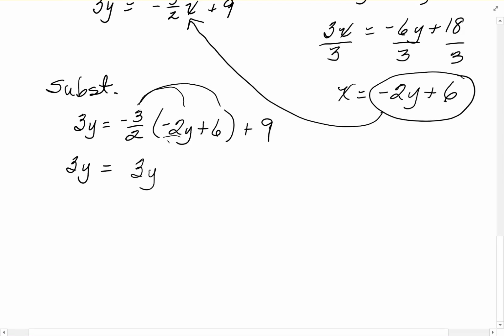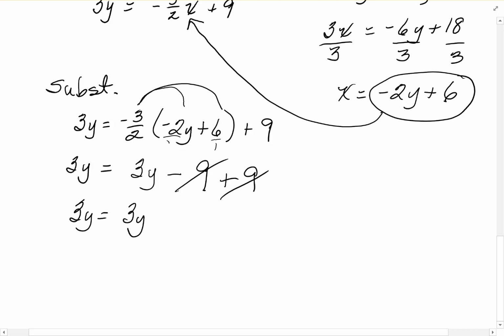Then I multiply here. I am multiplying a negative times a positive, so I will get a negative. 2 goes into 6 3 times. 3 times 3 is 9. Then plus 9. When I simplify, I have 3y is equal to 3y, and those have canceled out.